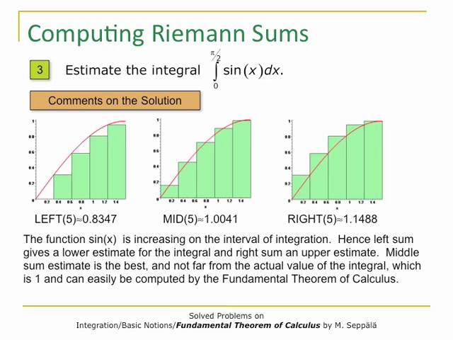And that is negative cosine at pi over 2 minus negative cosine at 0. Cosine at pi over 2 is 0, and then we had minus cosine at 0, which is 1. Therefore we conclude that this area that we estimated is actually 1. We can compute it, and then clearly the midpoint approximation is the best one here.